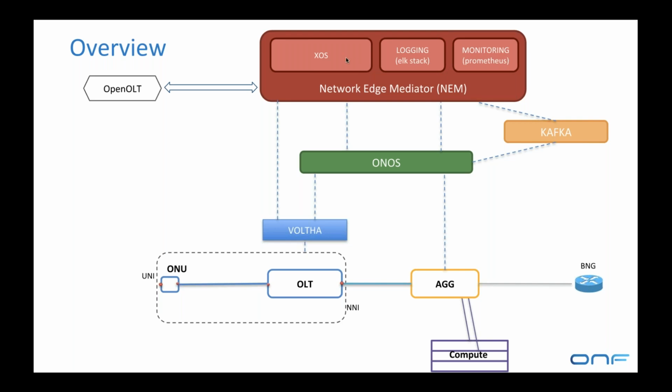The main thing that NEM does is to provide a clear northbound interface that can be used by an OSS, BSS. For example, AT&T is creating OpenOLT that is talking to NEM to manage the entire system. And it also contains an inventory of what is running in the system itself.